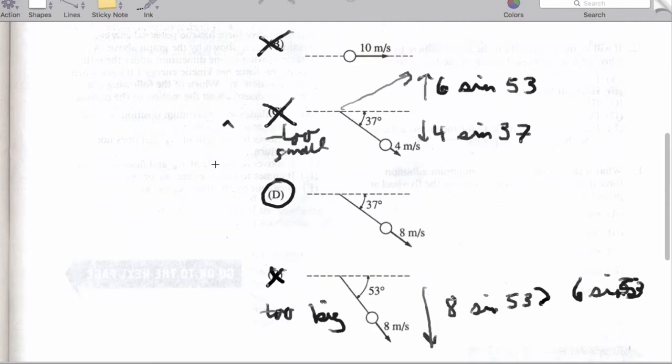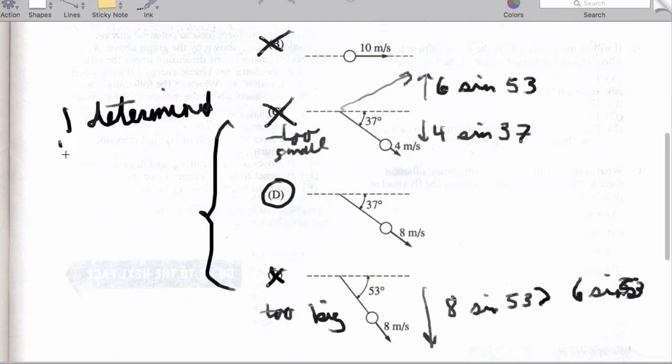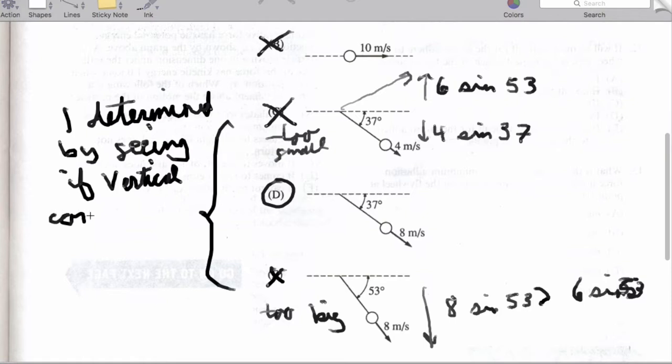And again, I want to be clear: I determined this by seeing if vertical components balance. And that's the idea.